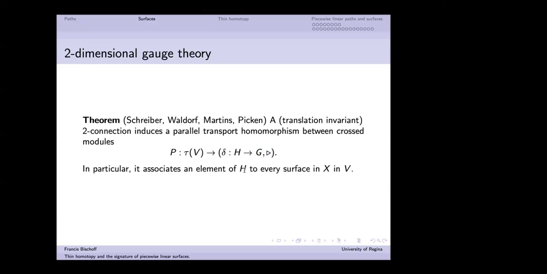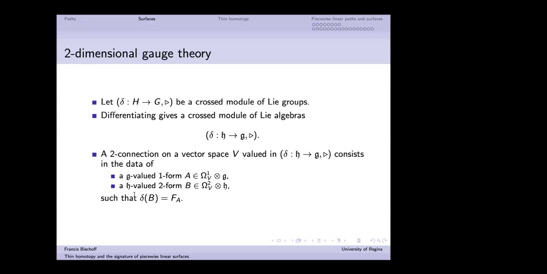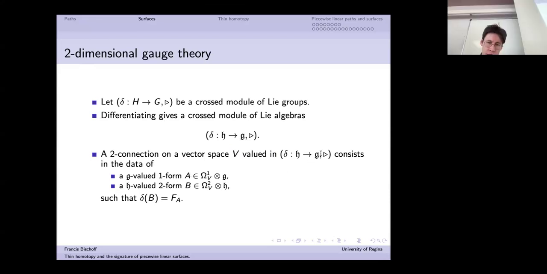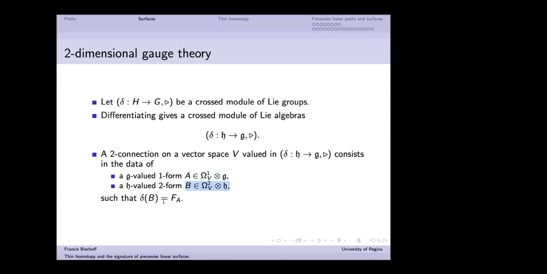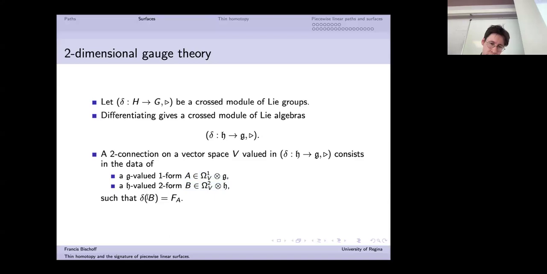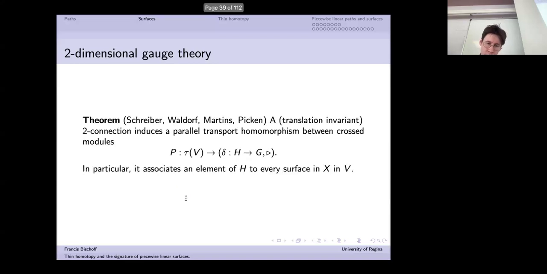Sorry, could you tell me again what is the definition of a two-connection on the previous slide? So it's just a crossed module of this form, and then a one-form A valued in G and a two-form B valued in H, such that B sort of lifts the curvature of A, or trivializes the curvature of A. This condition is important because what you want is that if I take a surface and I take its holonomy, which is in H, and then I apply delta to get something in G, that should be equal to the holonomy of the connection around the boundary of my surface.